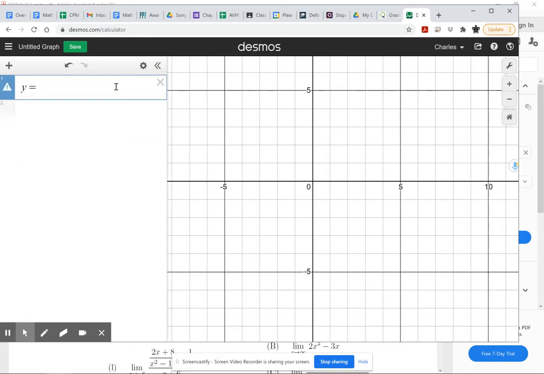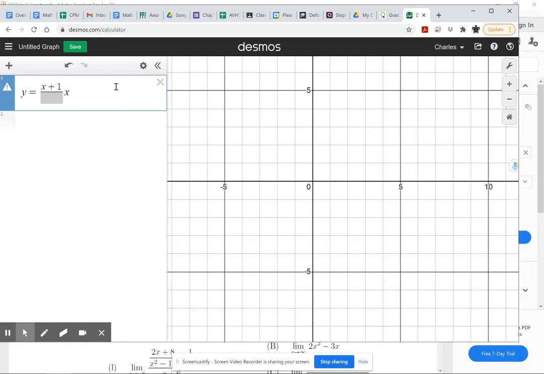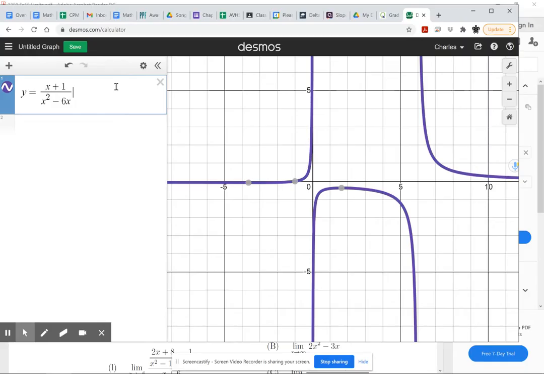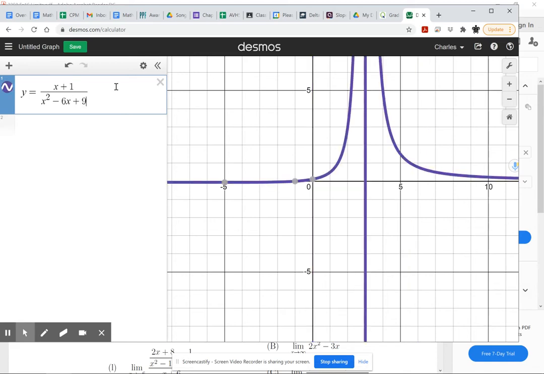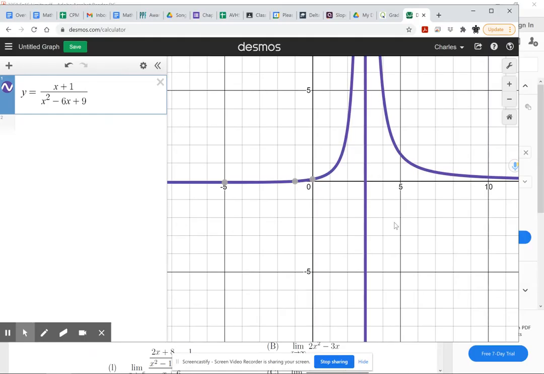Y equals x plus 1 divided by... and it was the limit as x goes to 3 from the positive side.